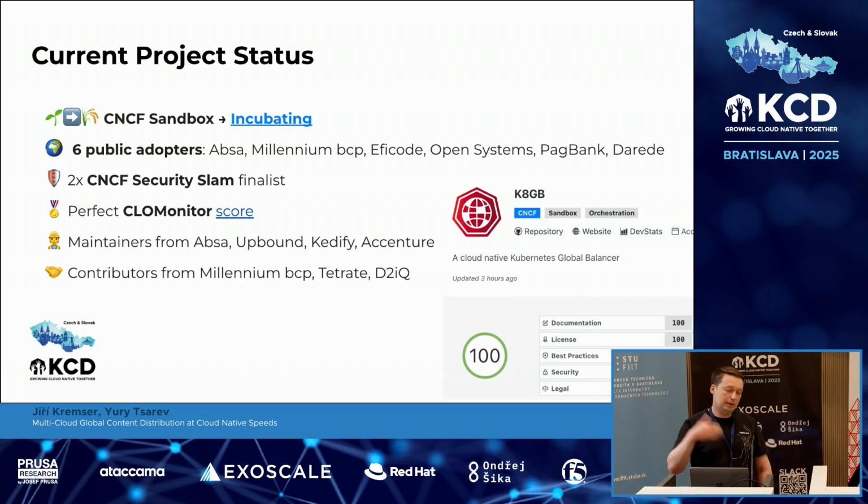Connected to it, we have a very good CLOMonitor score. CLOMonitor measures the healthiness of a CNCF project. It's objective metrics collected from the project status, GitHub repository, release pipelines again, and we are 100 on each of the metrics. Which is really nice.